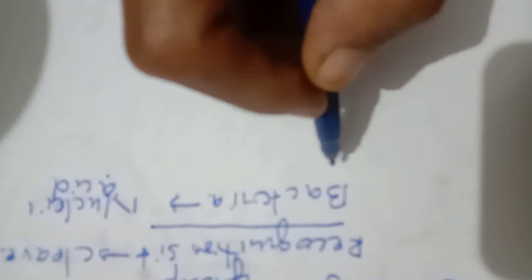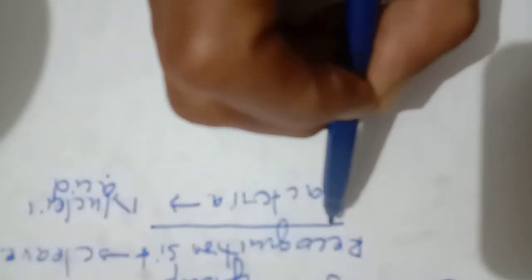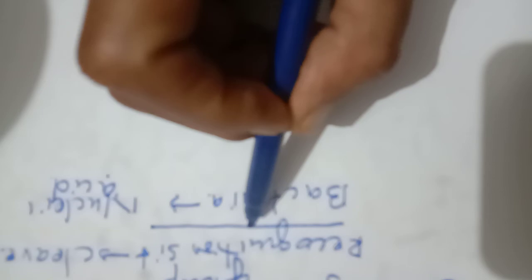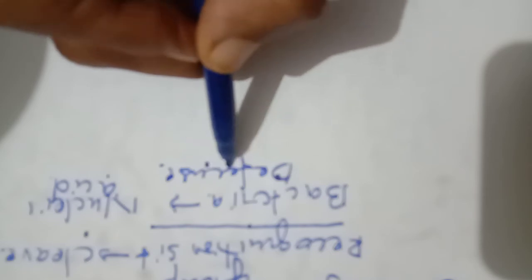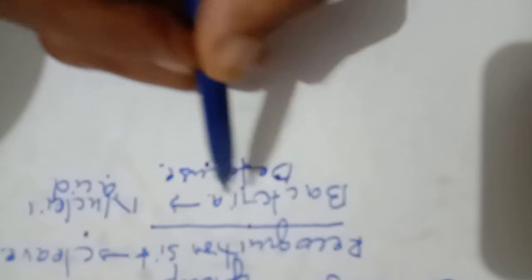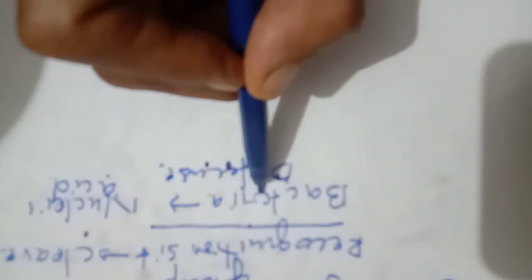We are telling that wherever restriction endonuclease sees the recognition site, it will go and cleave that nucleic acid. In bacteria, restriction endonucleases act as a defense system. That means it avoids the entry of nucleic acid from some other pathogenic organism. So it protects the bacteria from entry of pathogenic nucleic acids.